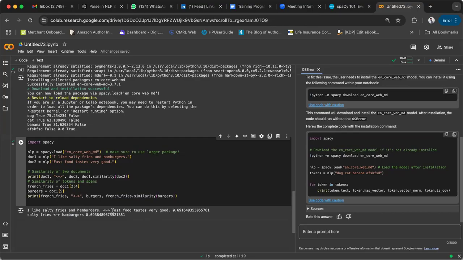Salty fries and hamburgers, and fast food tastes very good, have their own similarity factor, almost 69 or 70%. They have similar meanings, since both refer to the fast food category. That is what it says here.